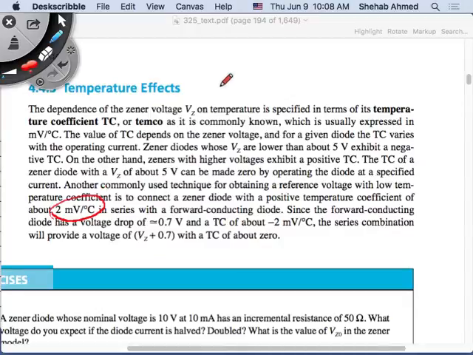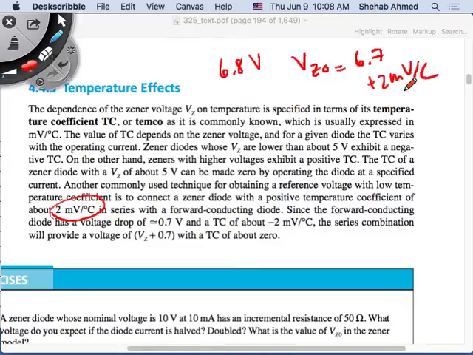So if you buy a 6.8 volt Zener, it has a VZ0 of, it was 6.7, right? At a certain current, for example. If you increase the temperature by 1 degree Celsius, the VZ0 may go up by 2 millivolts, right? Plus 2 millivolts per degree Celsius. So these Zeners have a positive temperature coefficient.